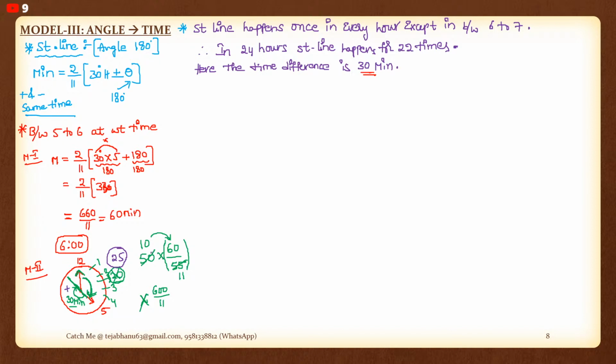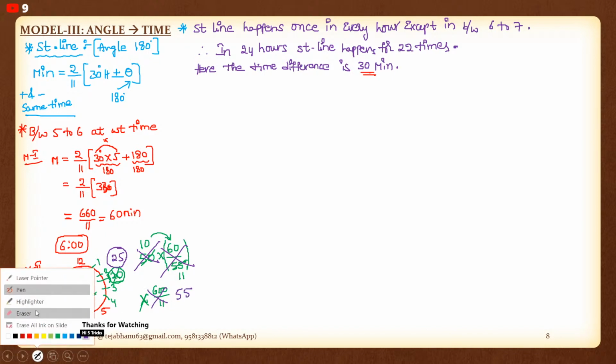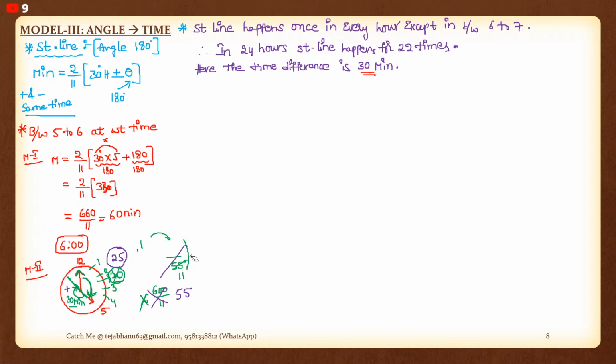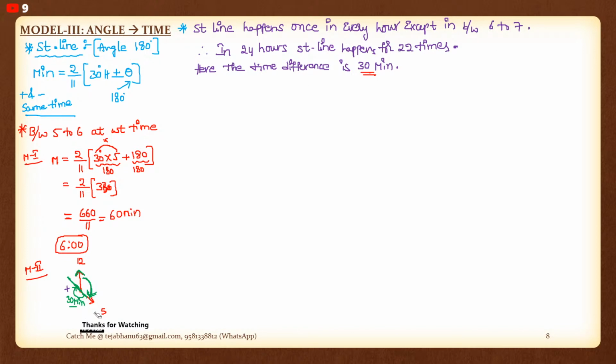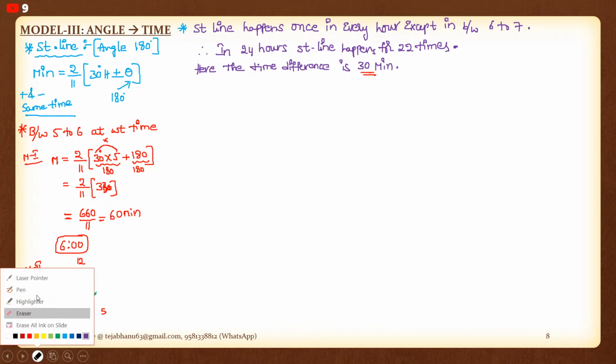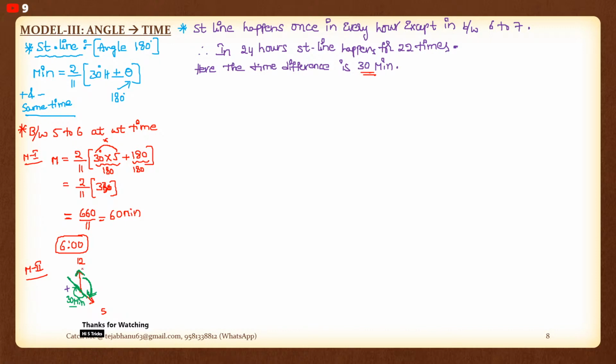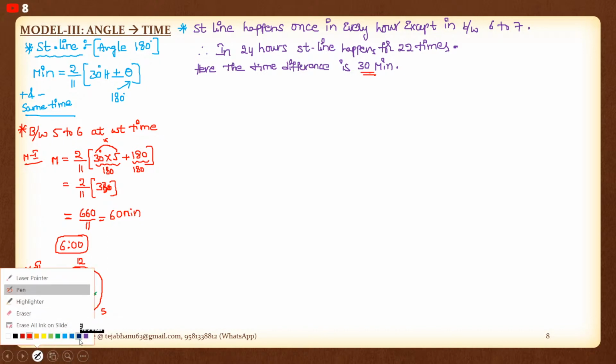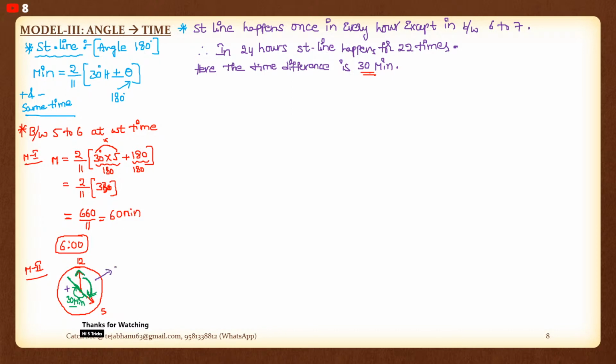25 plus 30. It is not 50. It is 55. I'll write it here. See, the minute hand has to travel 25 minutes to strike with the 5.